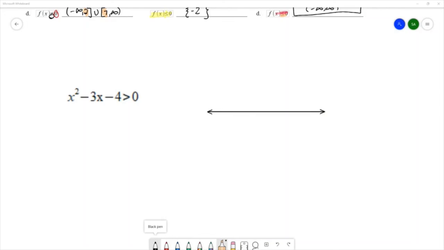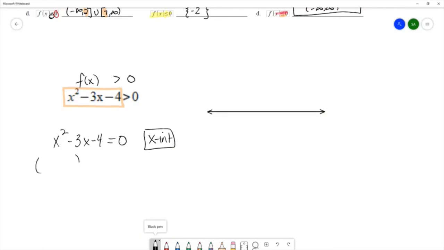So what we're going to do, we're treating this right here as my f of x. And we want to figure out when it's greater than 0. Now, I don't want to draw the whole graph to be able to figure out this answer. So here's what I'm going to do. I'm going to take my function, x squared minus 3x minus 4, and I'm going to set it equal to 0 so that I can find those x-intercepts.